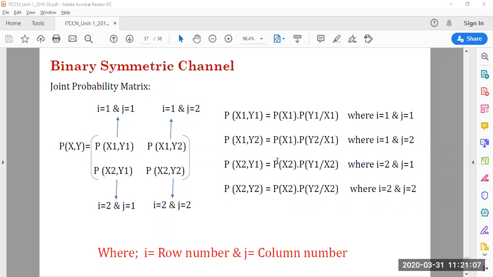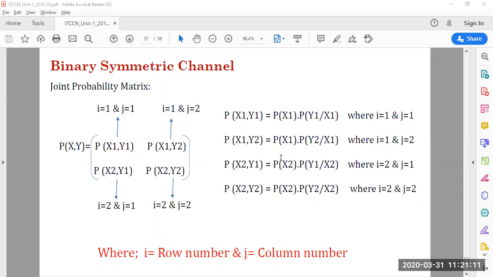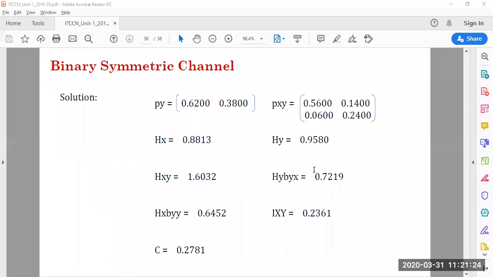Okay, 0.72 is H(Y/X), correct? H(Y/X) is 0.72. It is nothing but 1.6 minus 0.958. H(X/Y) is 0.64.